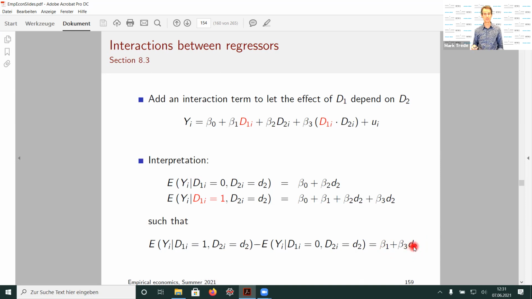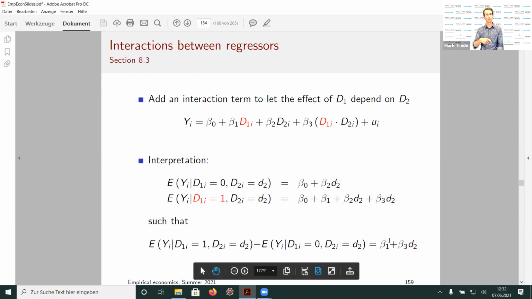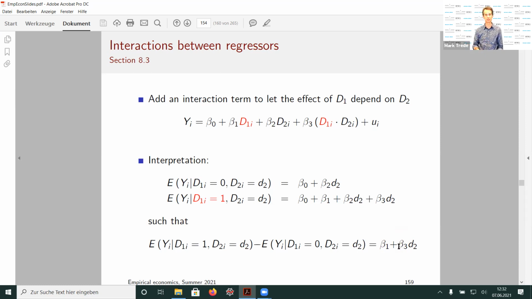So if d2 is 0, then the marginal effect of switching the first dummy variable from 0 to 1 would be beta 1. But if d2 is 1, then the marginal effect of d1 on the endogenous variable would be the sum of beta 1 and beta 3. So the marginal effect of d1 depends on the value of d2.